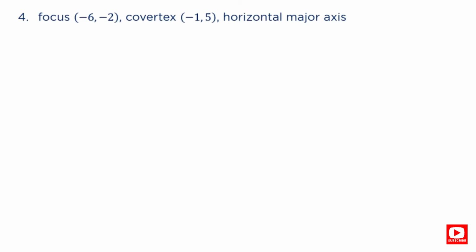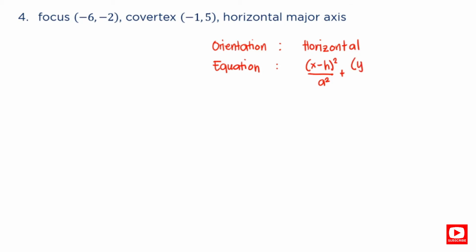Since our ellipse is horizontal, the form of the standard equation will be x minus h, quantity raised to 2 all over a square plus y minus k, quantity raised to 2 all over b square equal to 1. So we need the values of h, k, a, and b.